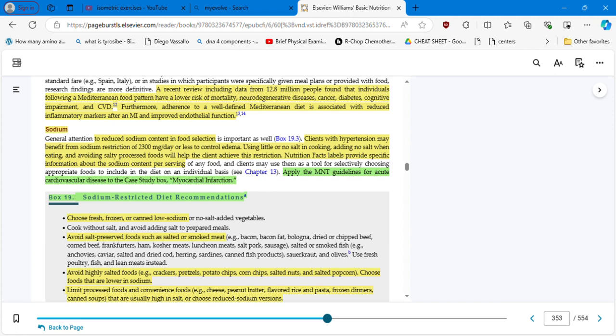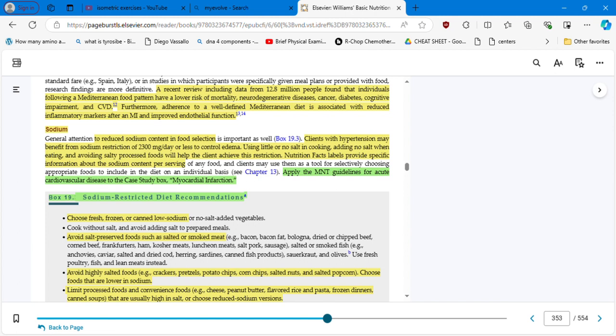We have to use little or no salt in cooking, and then we have to avoid salty processed food. We have to read the nutrition fact labels, and we have to pay special attention to the sodium content per serving.